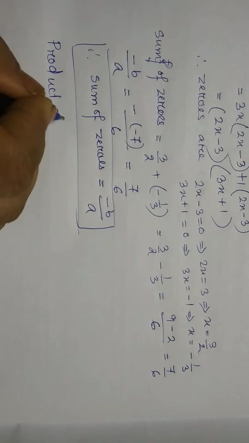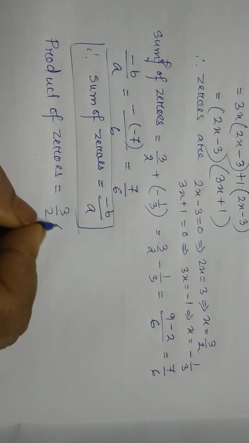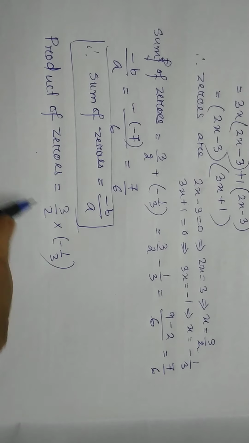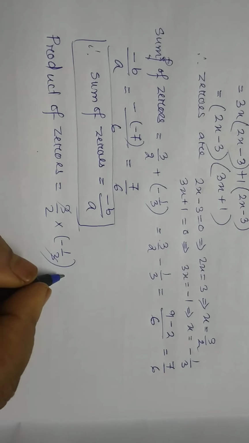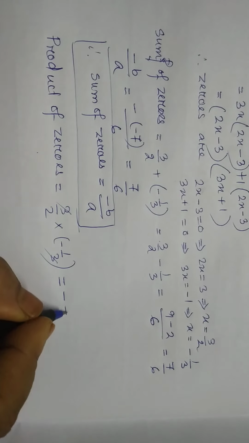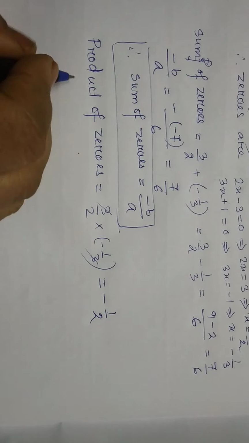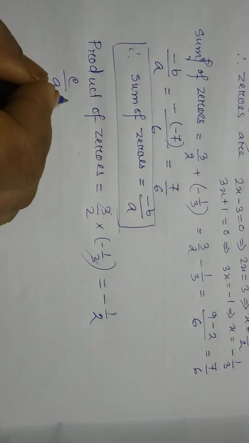And another, product of zeros. Product of zeros means 3 by 2 into minus 1 by 3. Here 3 cancels. We will get minus 1 by 2. Now product of zeros means c by a.